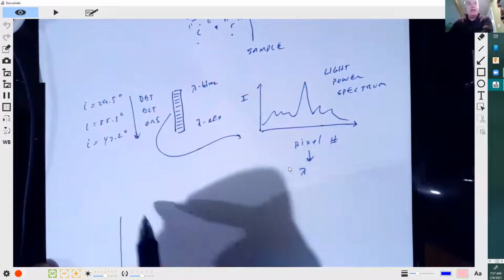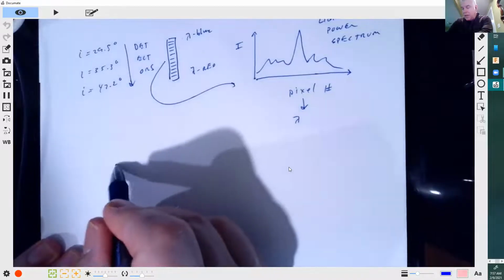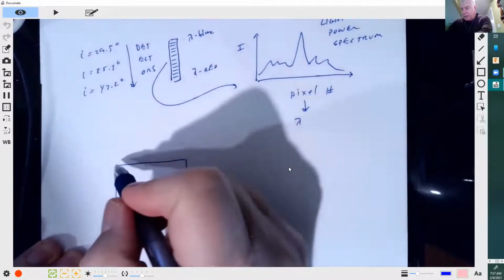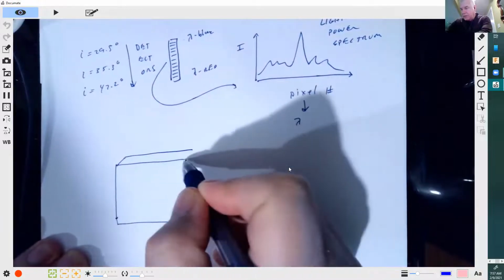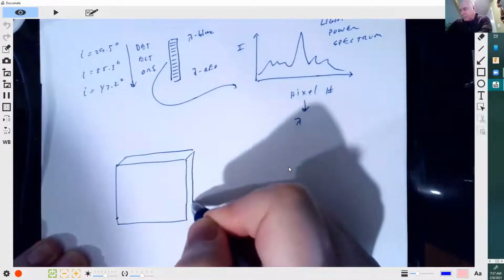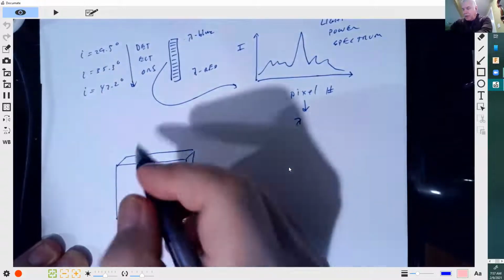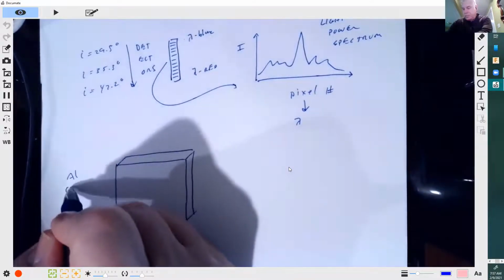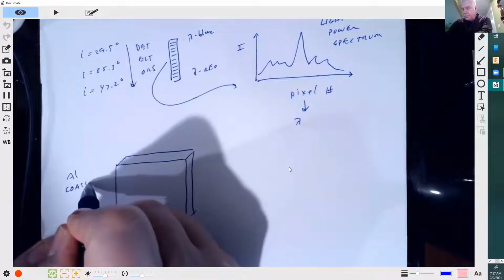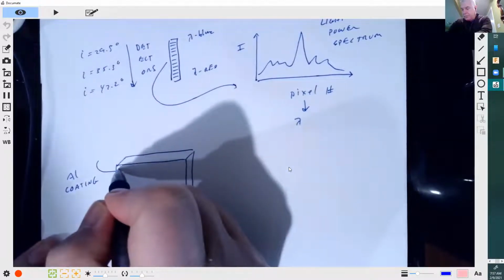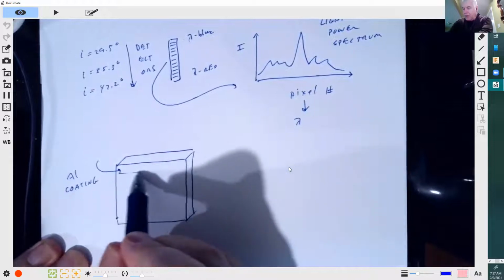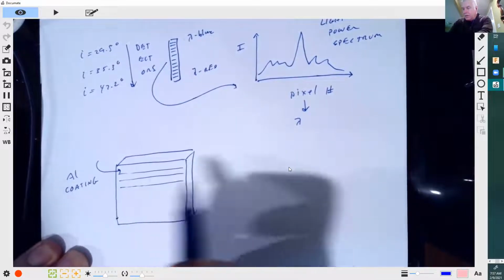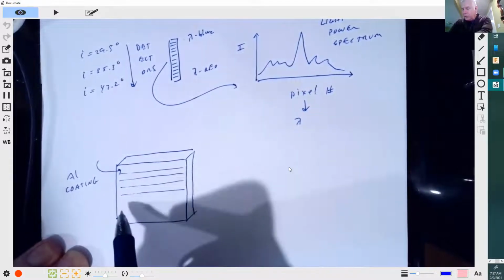Here's a flat piece of glass, and then there's an aluminum coating on the surface. And in that coating there are a series of parallel lines, they're actually called rulings.